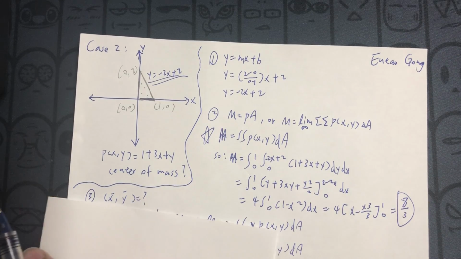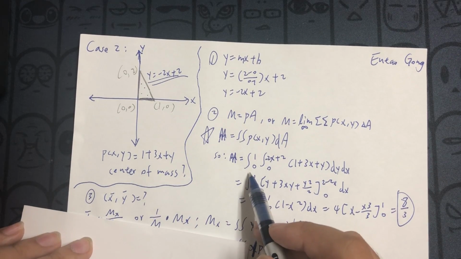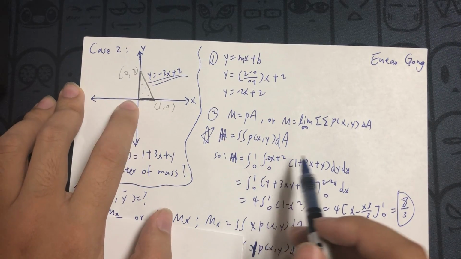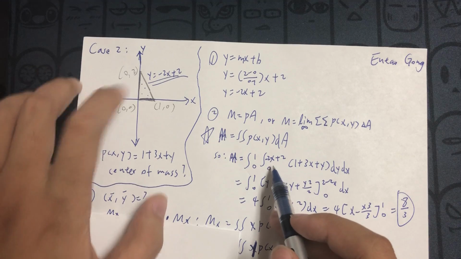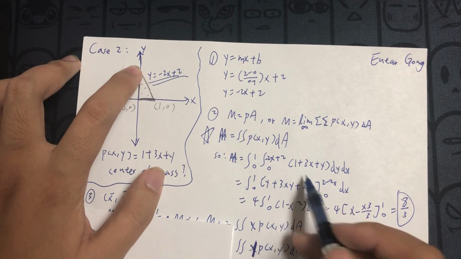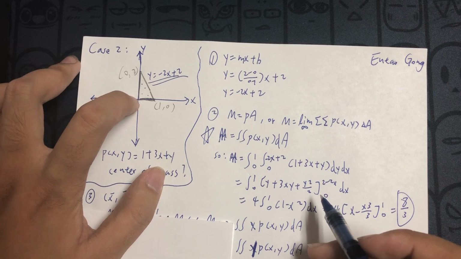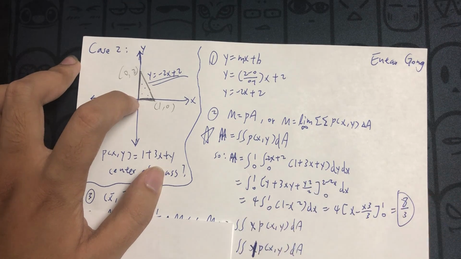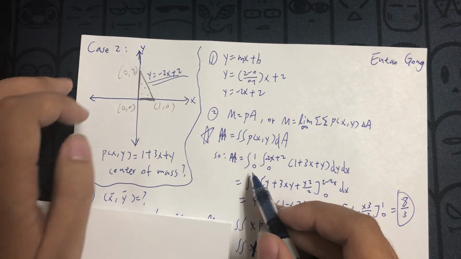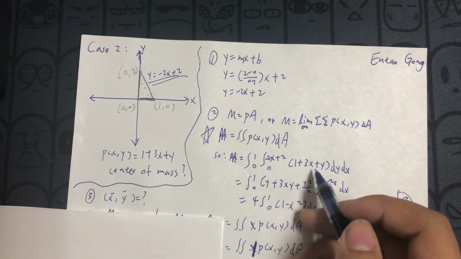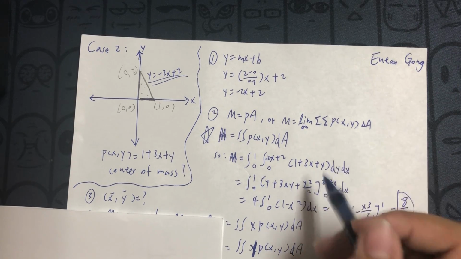So we have the x boundary and the y boundary. The x boundary is 1, 0. The y boundary is negative 2x plus 2, which is this point here, the highest point, minus 0. So that's our double integral, and the density is given, so we just plug it in.